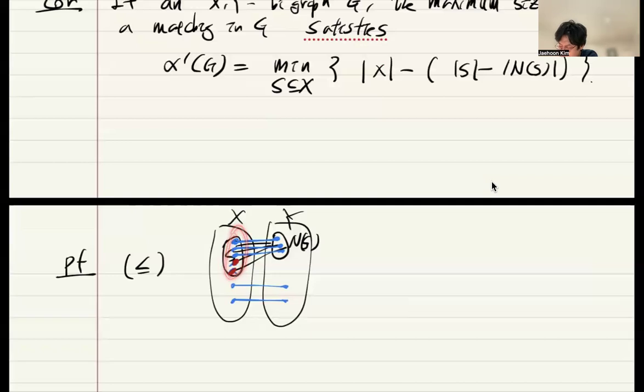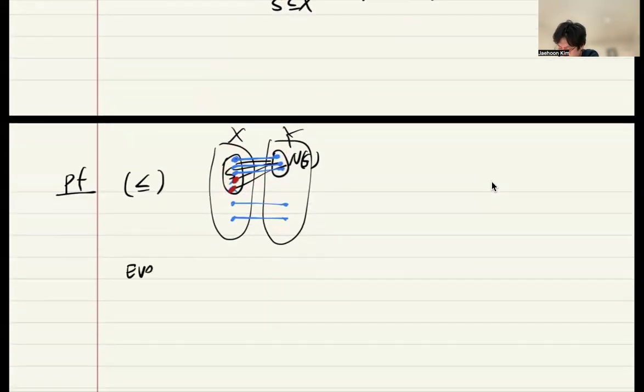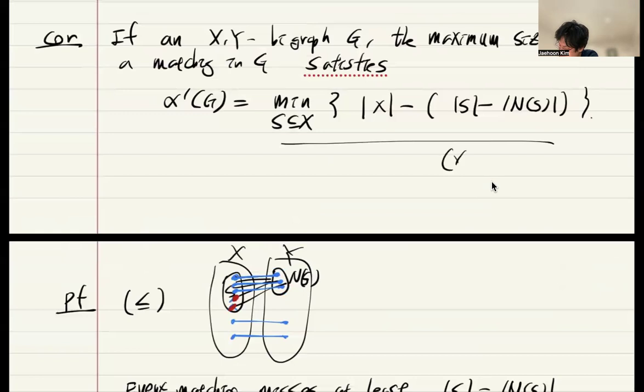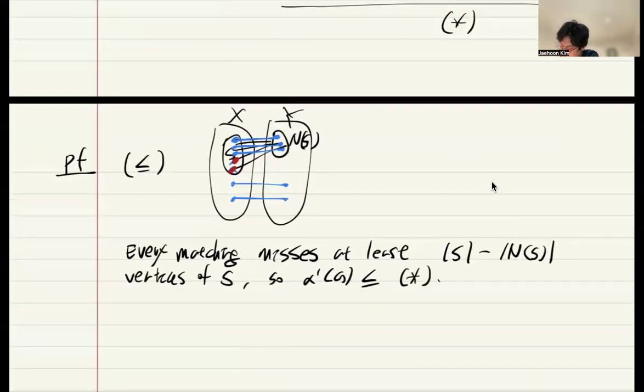You have, like, 5 vertices here, only 3 of them are available, then 2 are missed. So you know that every matching misses at least |S| minus |N(S)| vertices of S, for whatever choice of S. So alpha prime of G is at most this expression.